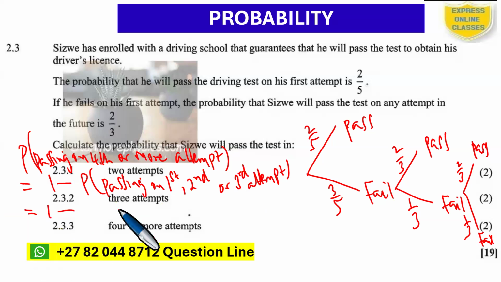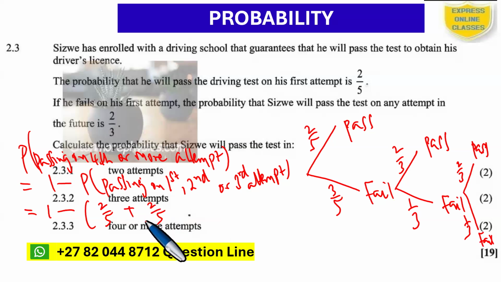One minus the probability of the first. Right, so the probability of passing on the first is 2 out of 5. The probability of passing on the second, it is still 2 out of 5.